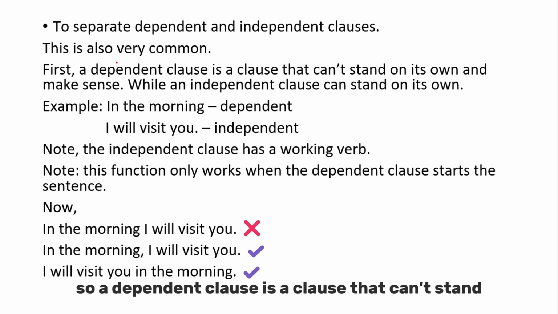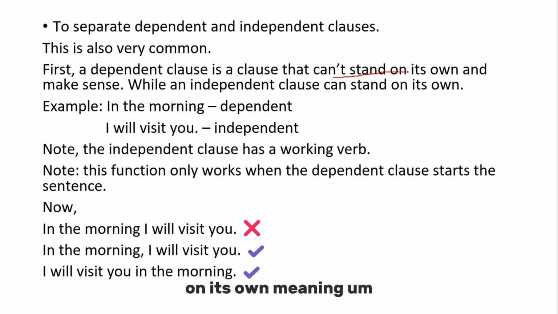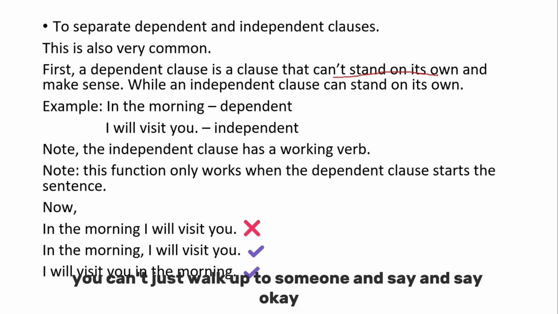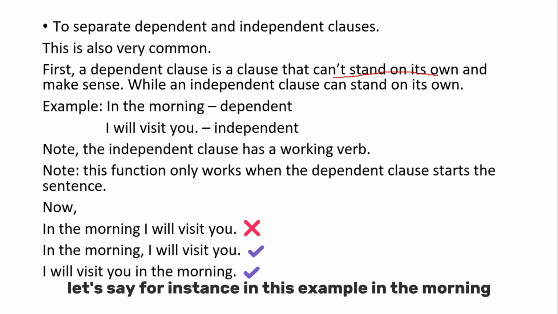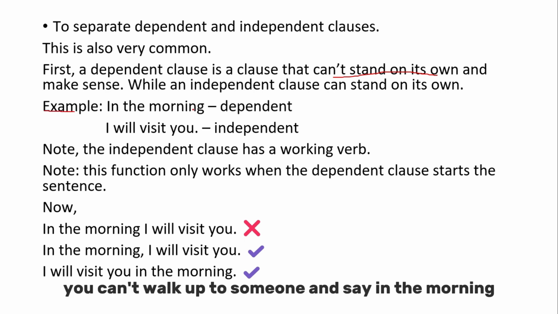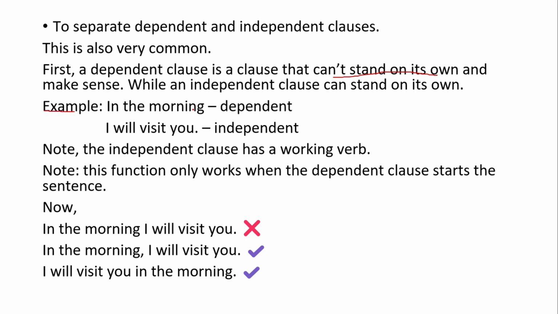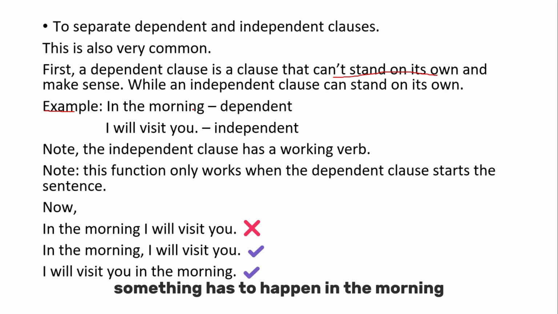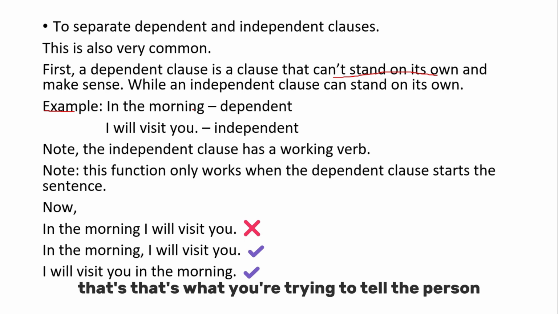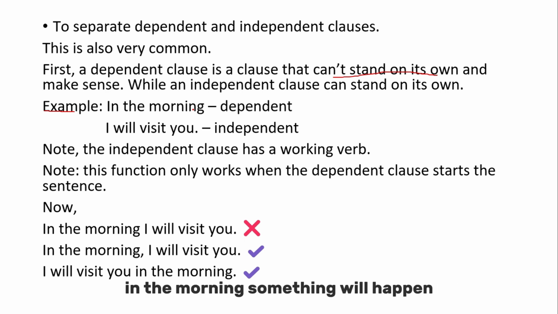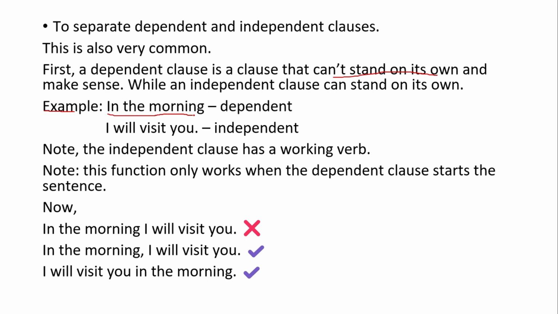A dependent clause is a clause that can't stand on its own, meaning you can't just walk up to someone and say, for instance in this example, "in the morning." Something has to happen in the morning. That's what you're trying to tell the person. So something like "in the morning" is a dependent clause.